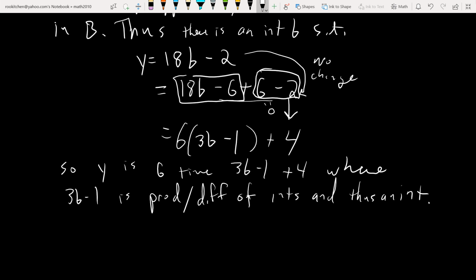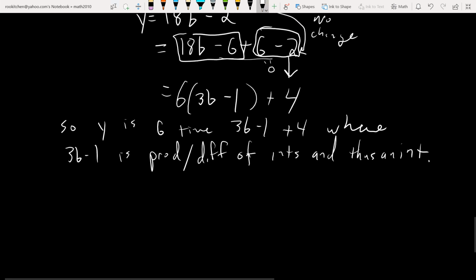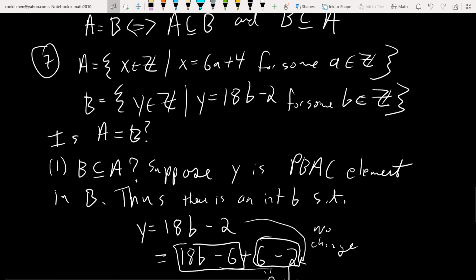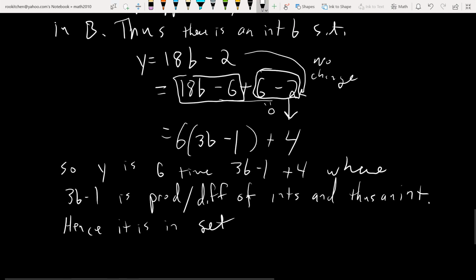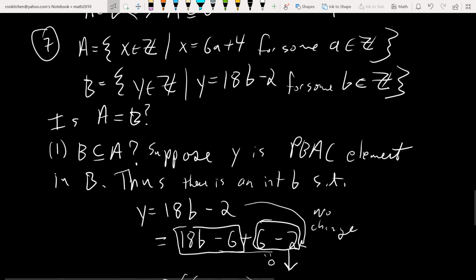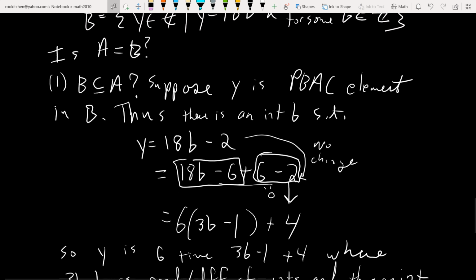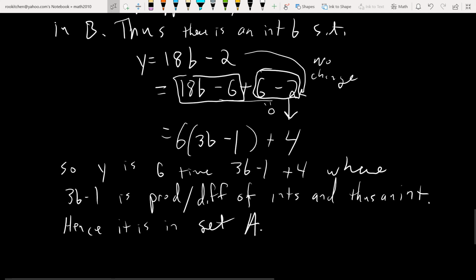Okay. Hence it's in that other set. So hence it's in set A. And we've shown then through this element argument that B is actually contained in A, because everything in B you can pull that trick on.